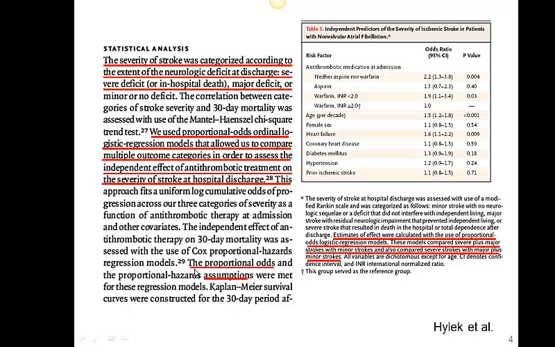And they further say the proportional odds assumptions were met for these regression models. So they say they checked the assumption. When we used linear regression, we checked the assumption of residual normality. In this model, we don't worry about residuals, although we do worry about the assumption of proportional odds.